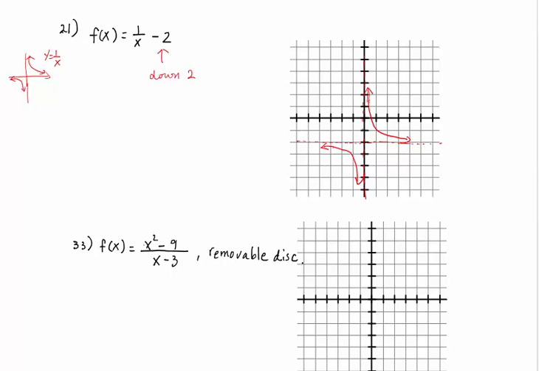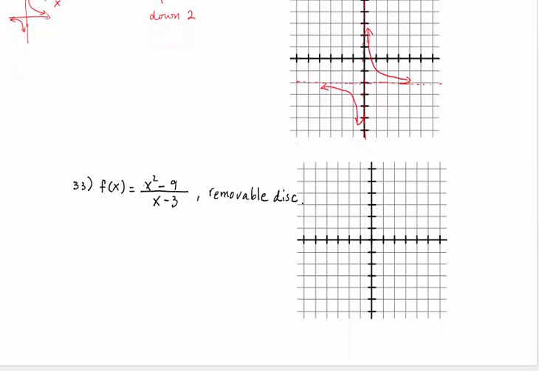Okay, number 33. In 33, you're asked to find all the removable discontinuities and then graph this function. Well, let's factor the numerator. X squared minus 9 is (x plus 3)(x minus 3).